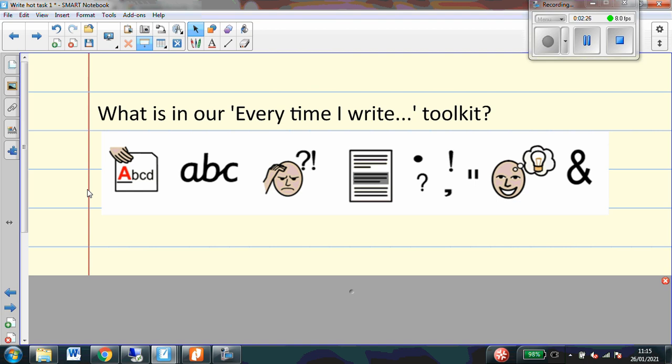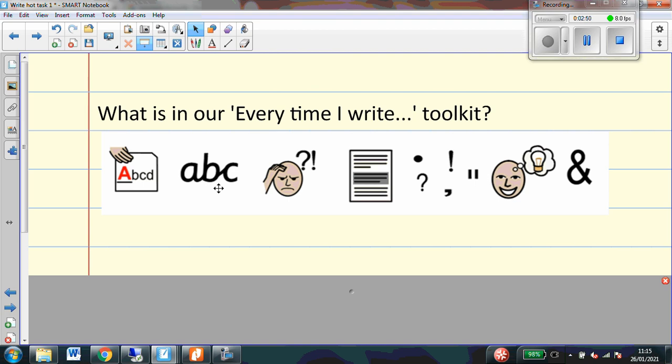So in our model text, George and Grandma and Mum all began with a capital letter because they were our characters' names. So make sure when you're writing you've got capital letters at the start of every sentence and for your characters' names. We need to have our beautiful cursive handwriting.